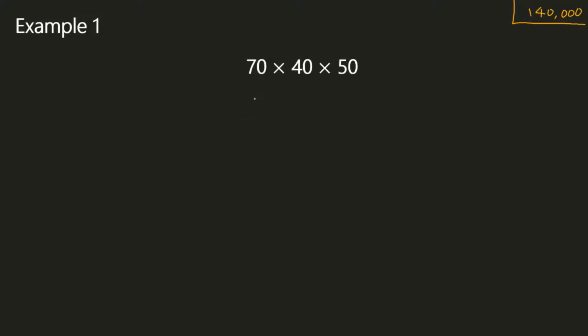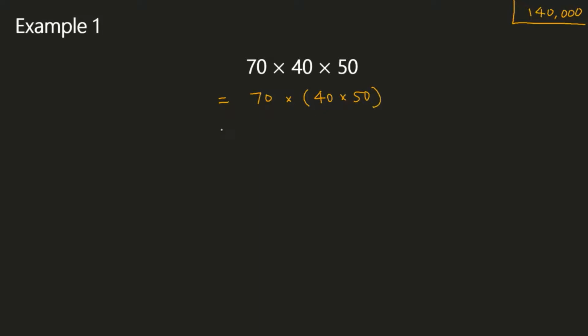Okay. Now let's use the associative property to attempt this problem. We're going to first group 40 and 50 together by putting parentheses around them. So this becomes 70 times parentheses 40 times 50.